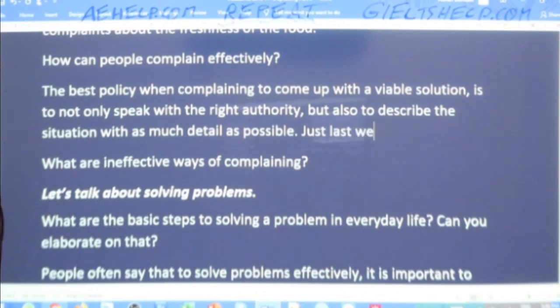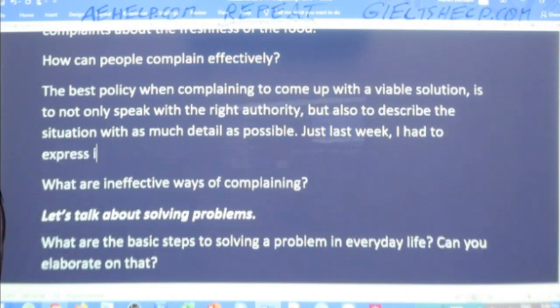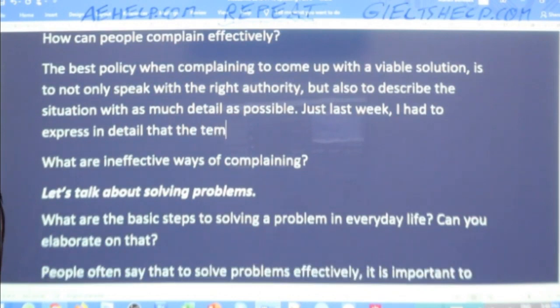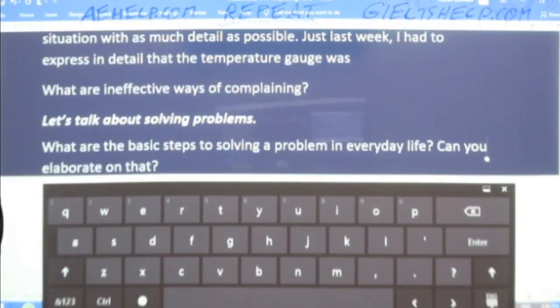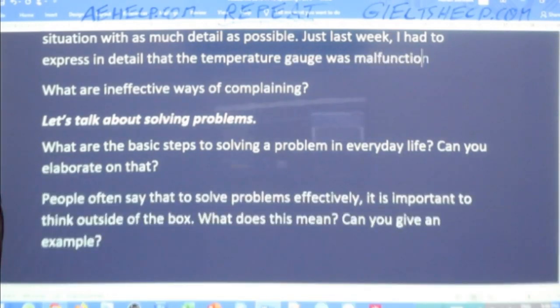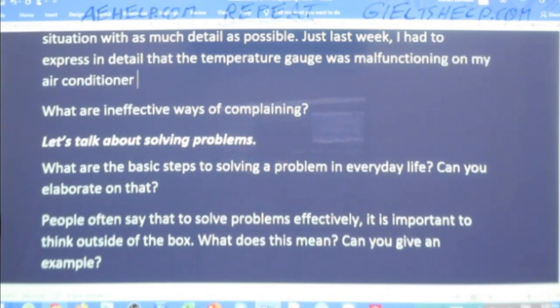Just last week, I had to express in detail that the temperature gauge was malfunctioning on my air conditioner, and it was a bit challenging.